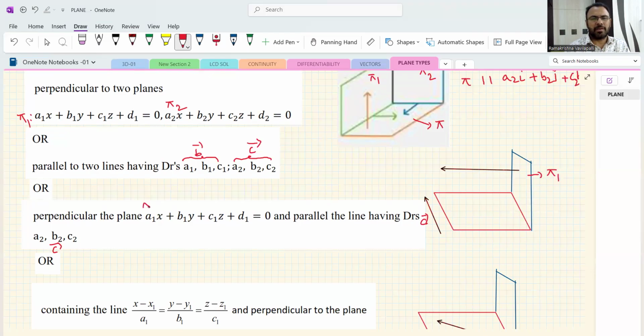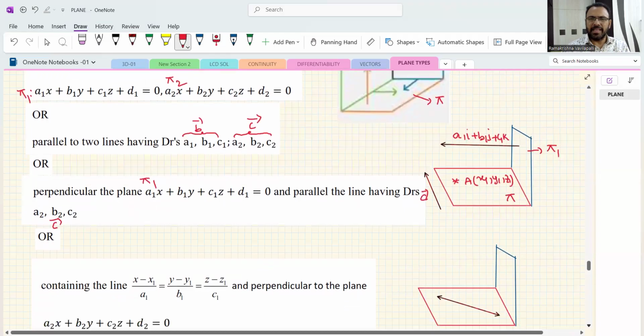The required plane is pi. This required plane is perpendicular to plane 1, which means that its normal is parallel to the required plane. So this vector is A1 i plus B1 j plus C1 k. Isn't it? Well, and that plane passes through the point A of x1, y1, z1.